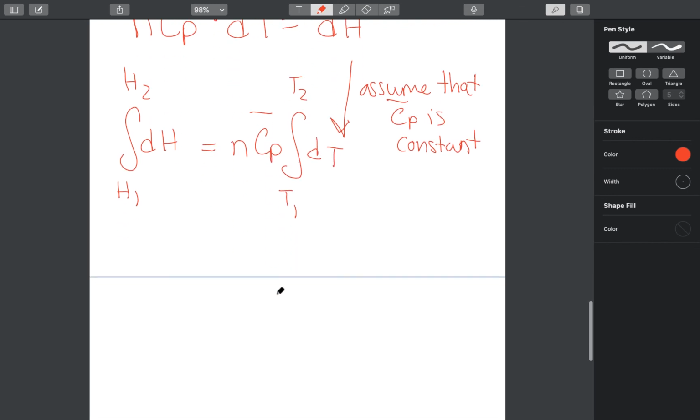So when we integrate this, we get change in H is equal to n Cp bar times the change in T. Now remember, we're under constant pressure here.